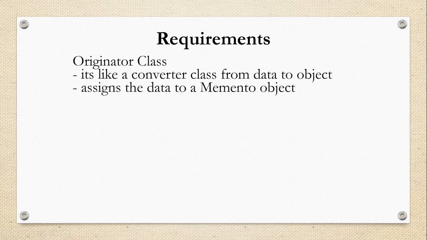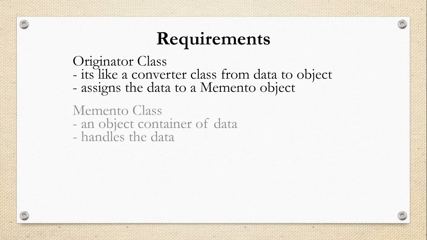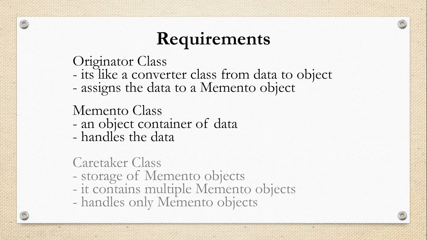The first requirement is the originator class. This class is like a converter class from data to object. It assigns the data into a memento object. The memento class is an object container of data. It handles the data assigned by the originator class.